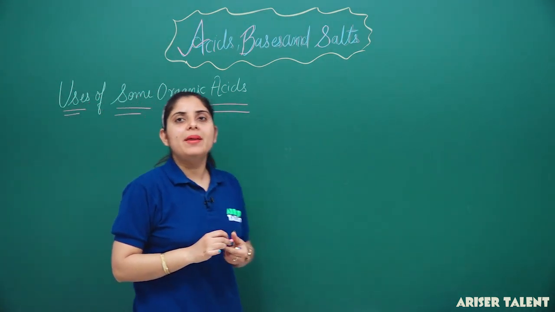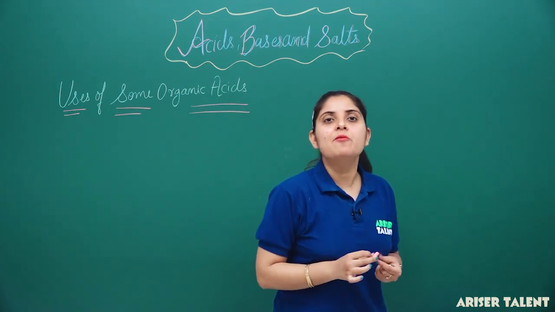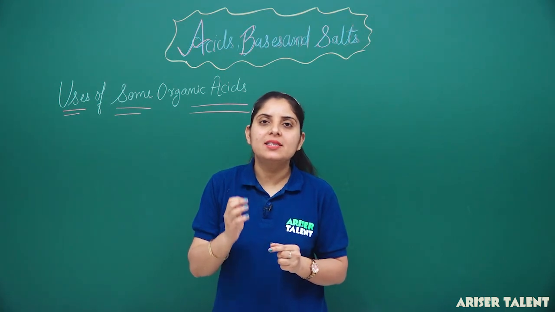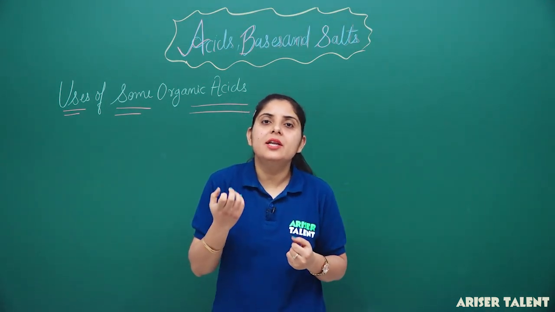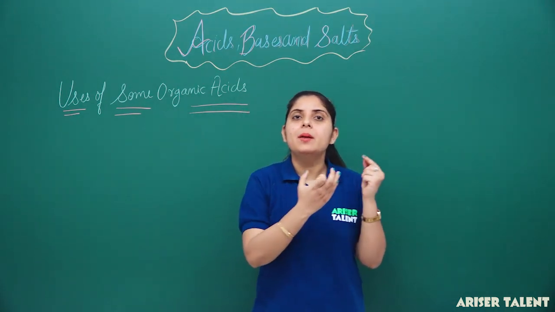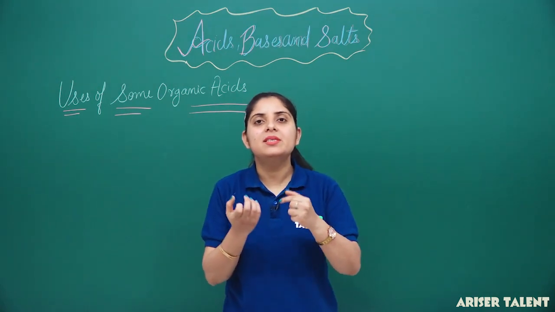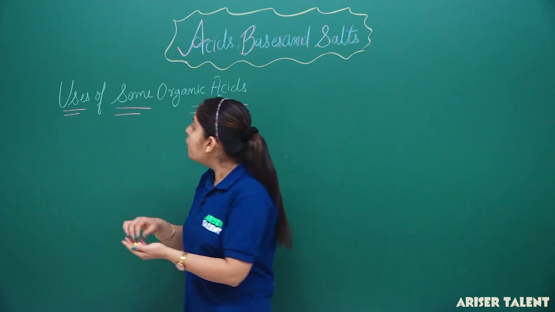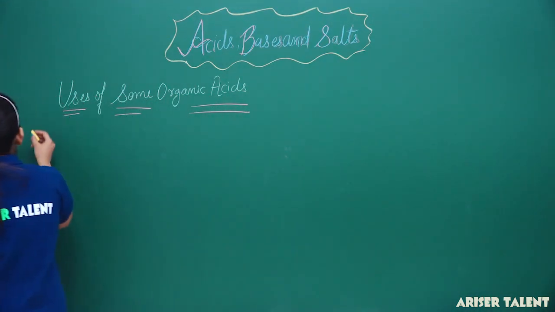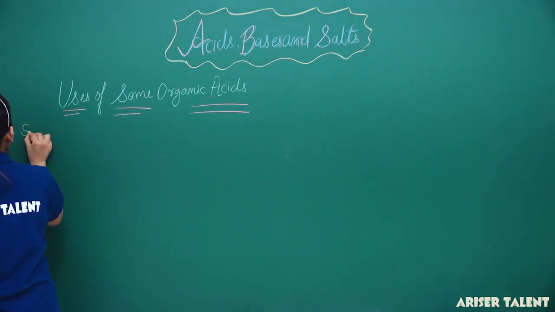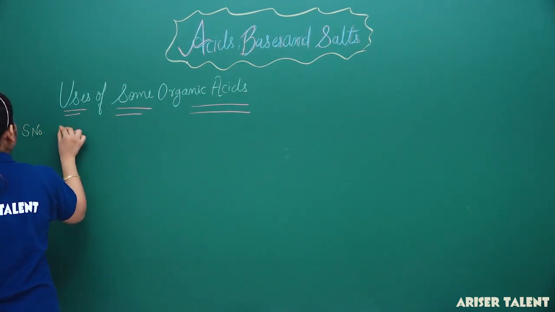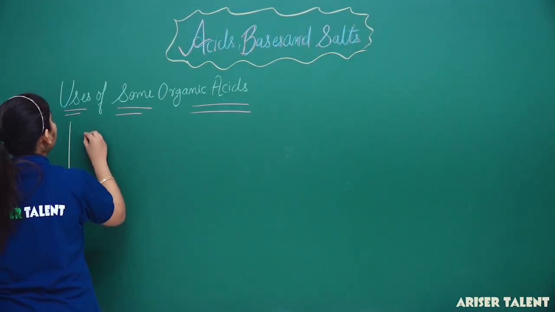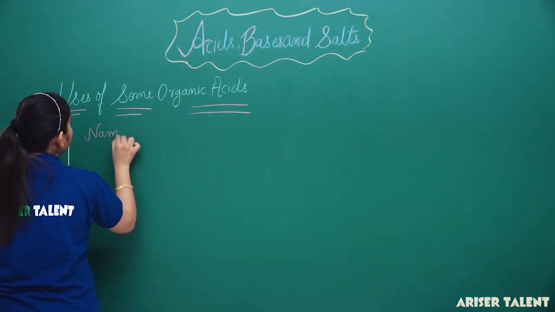We have many types of organic acids. As we have already discussed, organic acids are those acids which we obtain from certain organisms, like plants, animals, or some other source, but it must be an organism. We have a few acids in this category. So here we are writing the serial number. Then in our next category we are going to write the name of the acid.